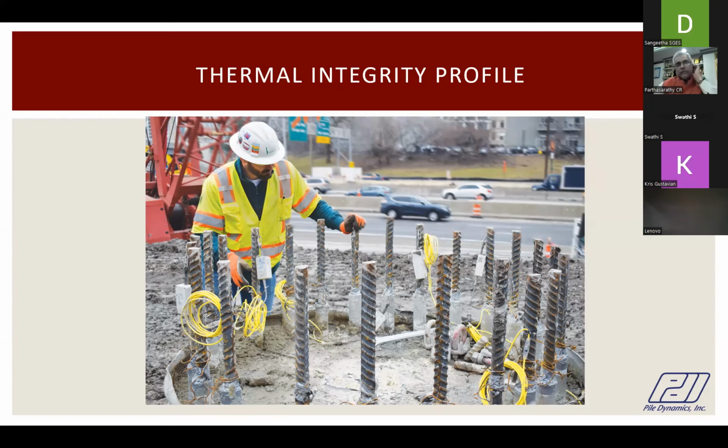You need to have these thermal wires as much as your CSL tubes. For every 300 millimeter diameter, you have 1 thermal wire, like we have 1 CSL tube for every 300 millimeter diameter. For example, for a 1.4 meter or 1.2 meter diameter pile, you have 4 wires embedded along the reinforcement cage.